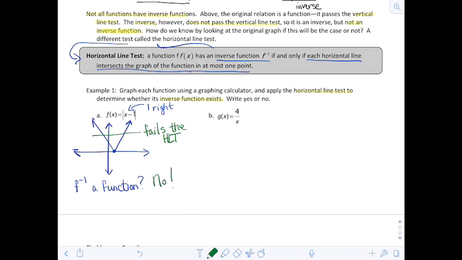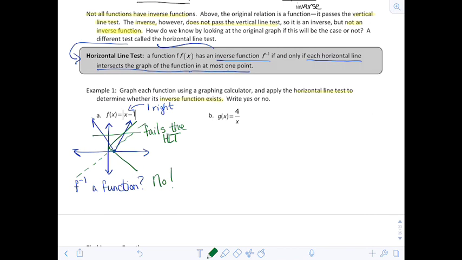No. If I were to reflect that over the line y equals x, I know that the ordered pair is reversed, so whereas I have this ordered pair 1, 0, the inverse would have 0, 1, and it would maybe look something like this, and the inverse would fail the vertical line test.